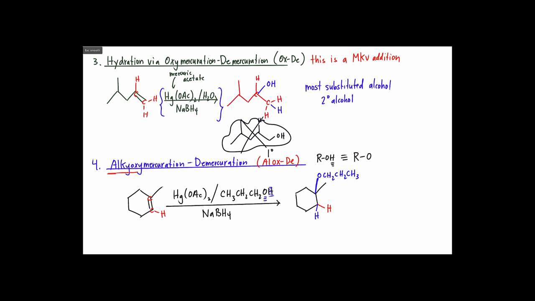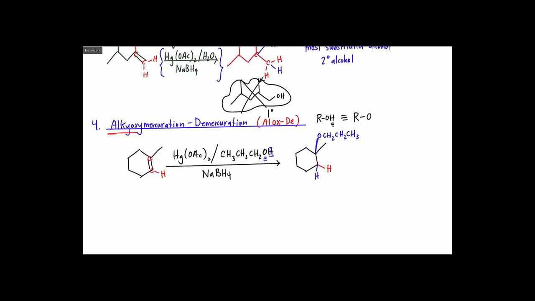So in this case, we start with an alkene functional group, and you have to recognize that this is an ROR functional group, which is an ether.